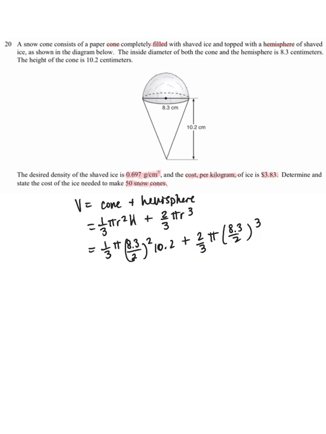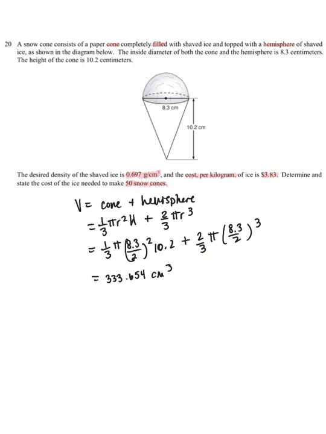All right, so I typed it in exactly how it appears. If you type it in exactly how it is, you're going to get 333.654. And these are centimeters cubed. Now, it says the density, right?